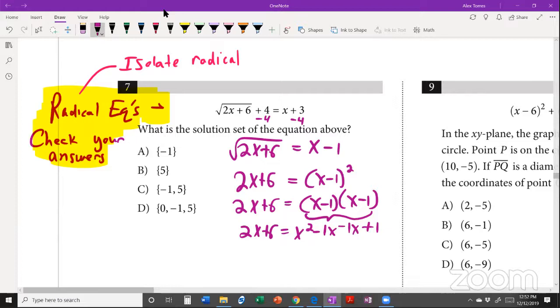And now we're in a nice classic quadratic solving situation. Once you have x squared, you have to have the instinct to get one side equal to 0, where you can employ factoring, completing the square, quadratic formula, what have you. Take away 2x from both sides and take away 6 from both sides. x squared minus 4x minus 5 equals 0.